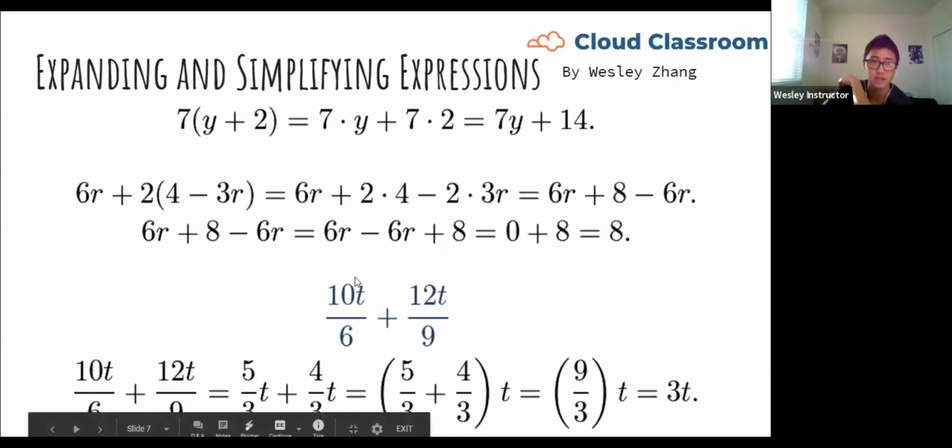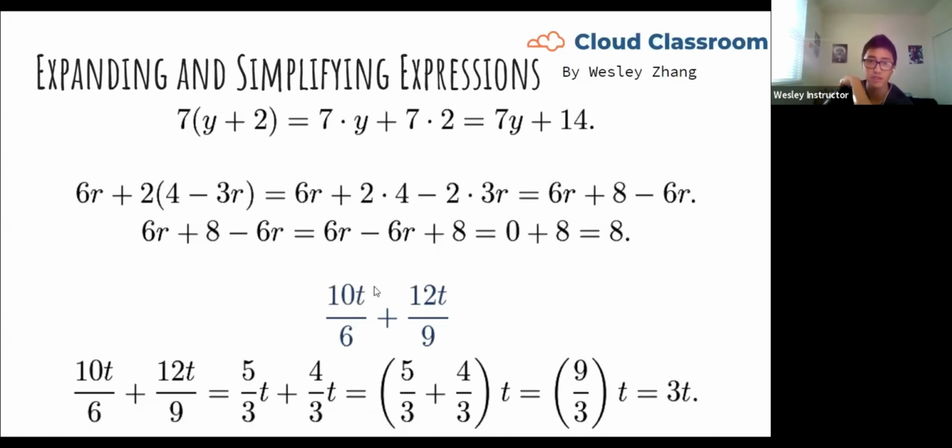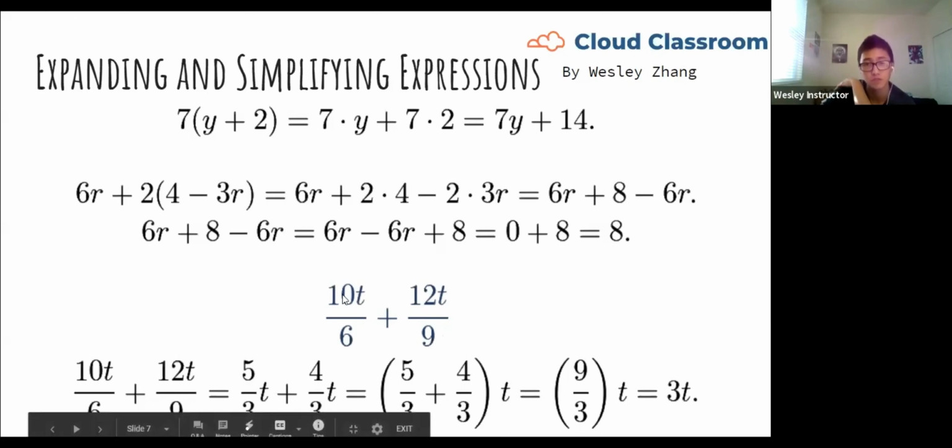Remember, when you see a number and a variable together, that basically means you're multiplying the variable by the number. So this is really 10 times t divided by 6. So we get 5t over 3 plus 4t over 3, and then we add them. That becomes 9t over 3, and that becomes 3t.